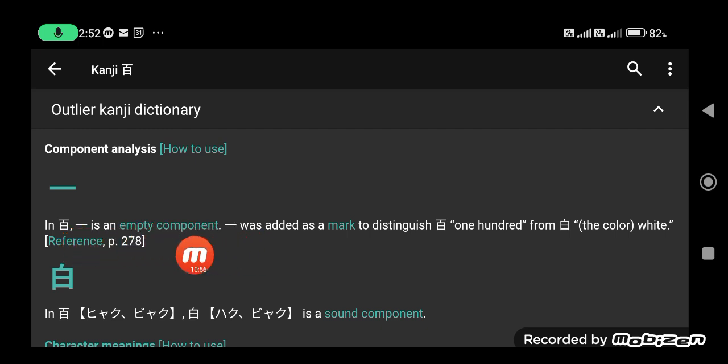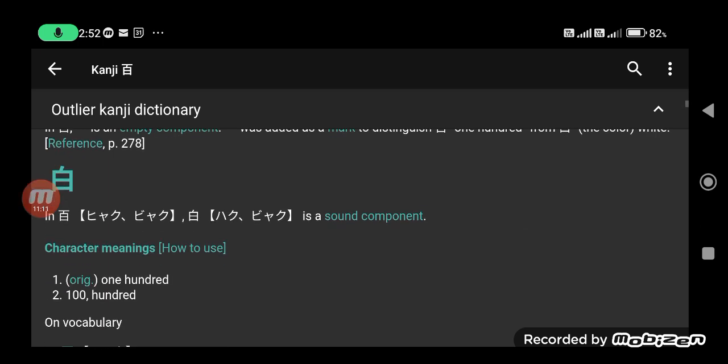We've already discussed the empty component in lesson 0019. It's just a distinguishing mark to distinguish white from 100.